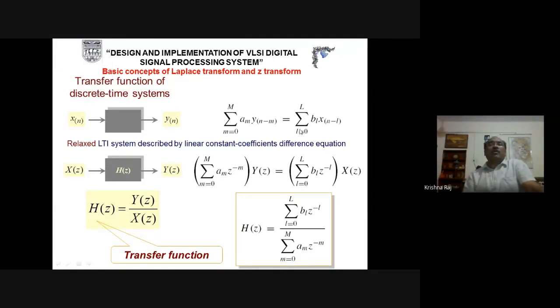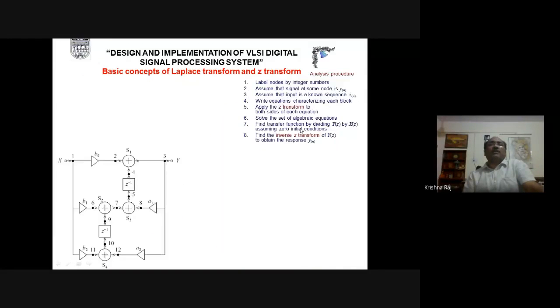With the help of the block diagram, which has the beauty that it describes the architecture of our algorithm, we get a block diagram representation.